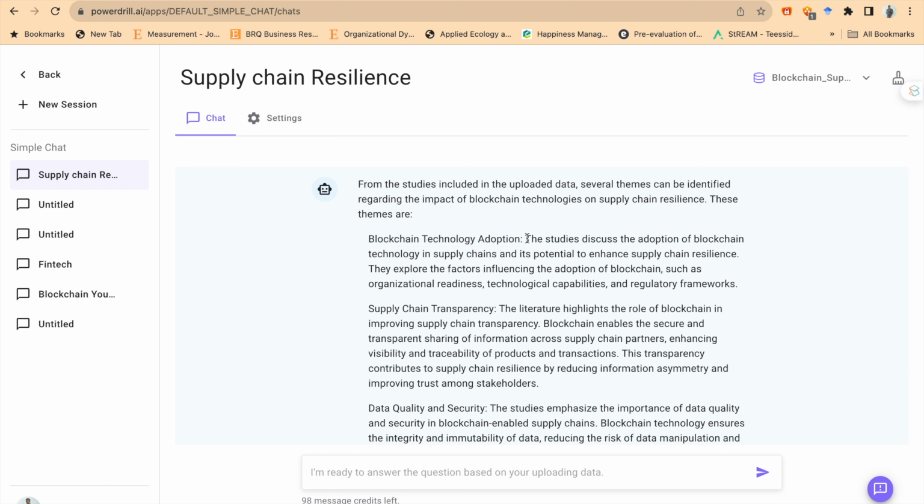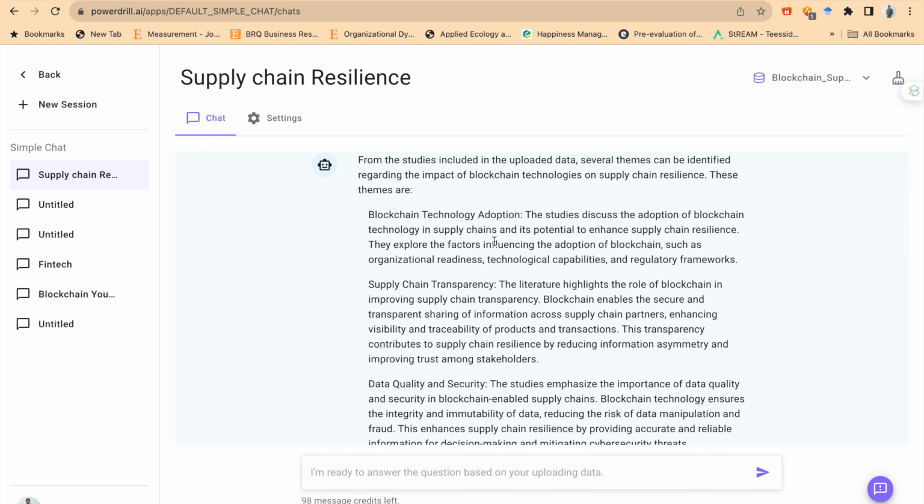The studies discuss the adoption of blockchain technology in supply chains and its potential to enhance supply chain resilience. They explore the factors influencing the adoption of blockchain, such as organizational readiness, technological capabilities, and regulatory framework. So these are the nature of the studies included in theme 1, named blockchain adoption.